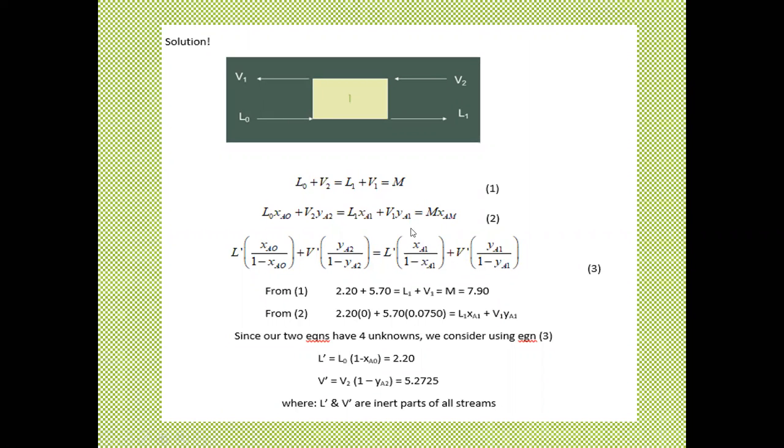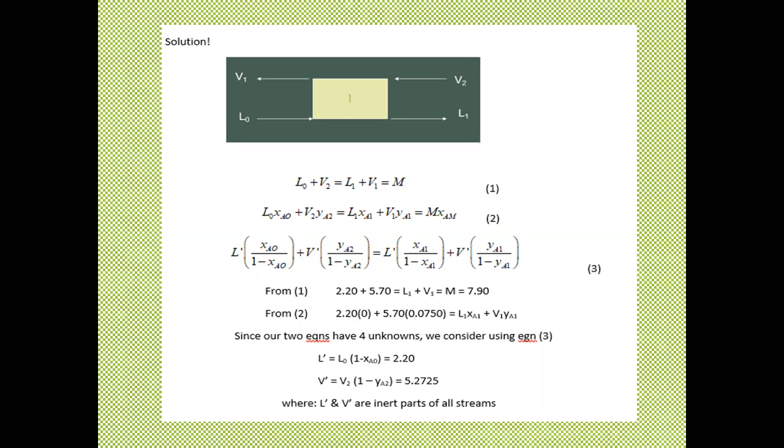If I write down the first two equations and have more unknowns than the two equations would permit, when these two equations are workable I should only have two unknowns. If I have more, then I will have to use this alternative equation number 3, which only requires the inert values of the streams, which are already given in the problem and can be solved right away, and then the mole ratios of A in each of the phases or streams.